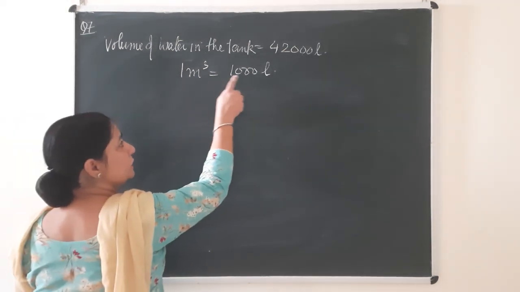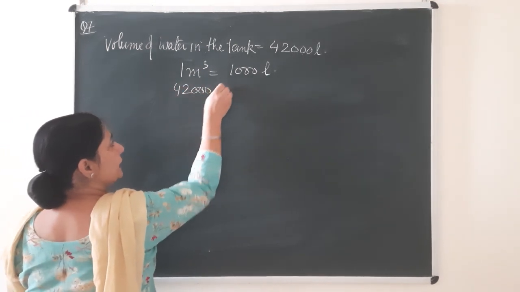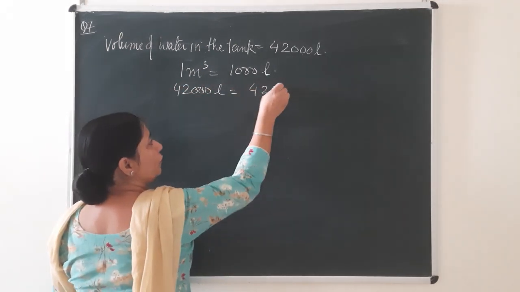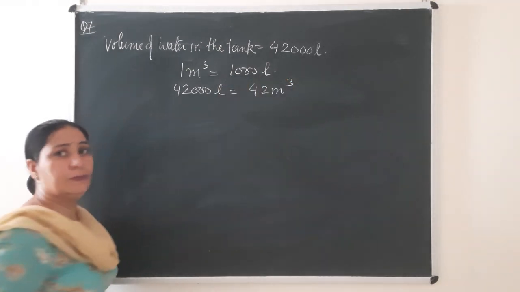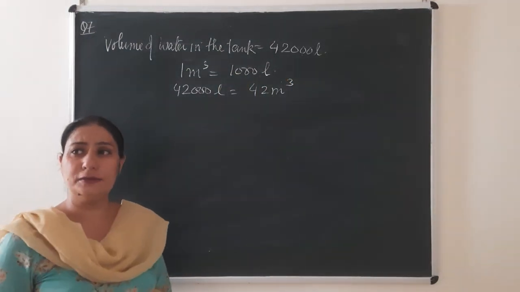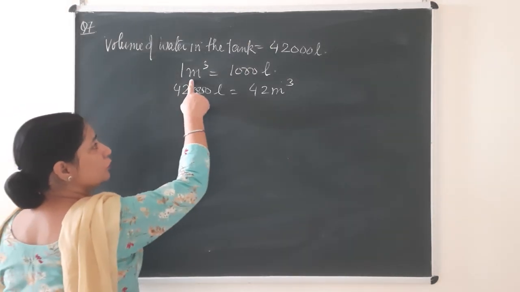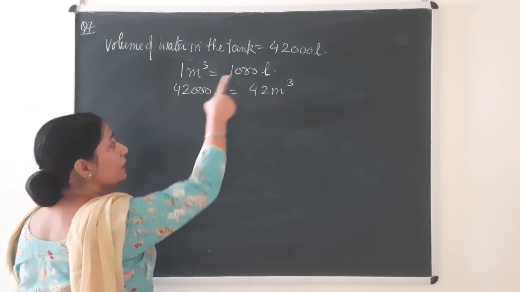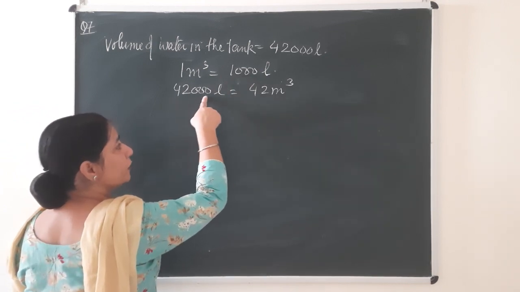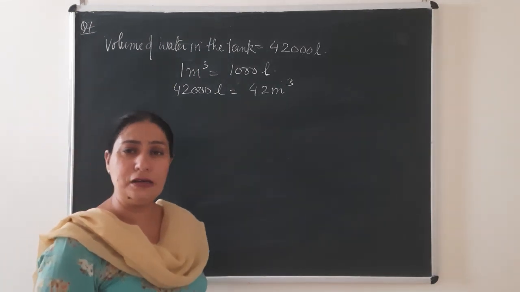So if 1 meter cube is equal to 1000 liters, then 42,000 liters will be equal to 42 meter cube. Why? Because we cannot use the liters along with meters. We have to make that conversion. So 42,000 liters, when you convert it into meter cube, will be equal to 42 meter cube.